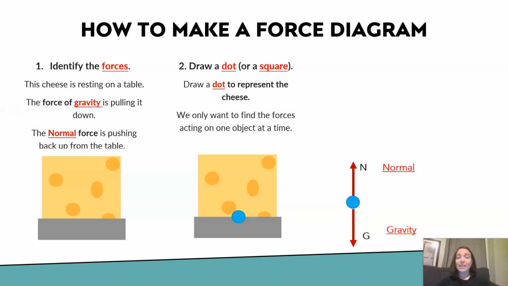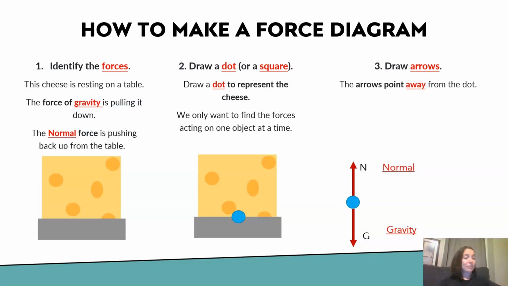Step 2, draw a dot or a square. You'll see force diagrams with both. You draw a dot to represent the cheese. We are only representing one object at a time, the forces that are acting on it. Okay, step 3, you draw your arrows.